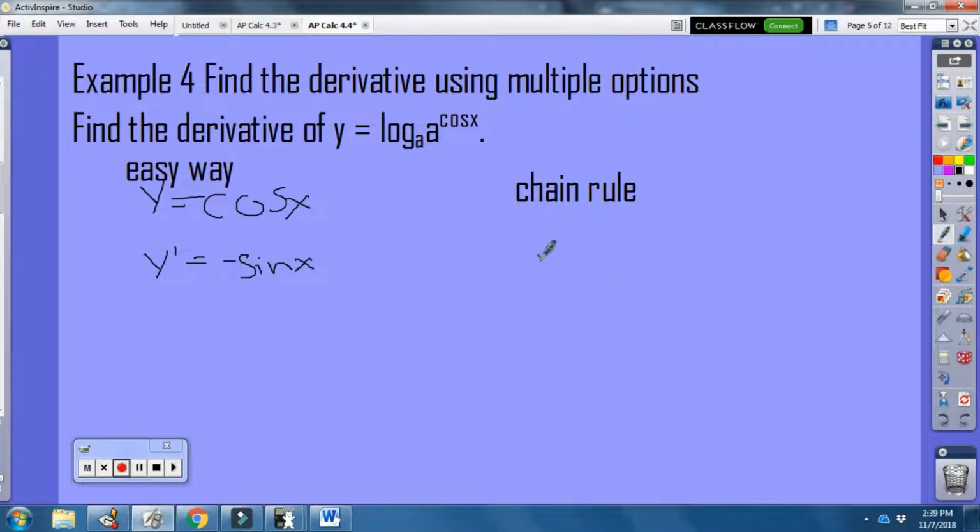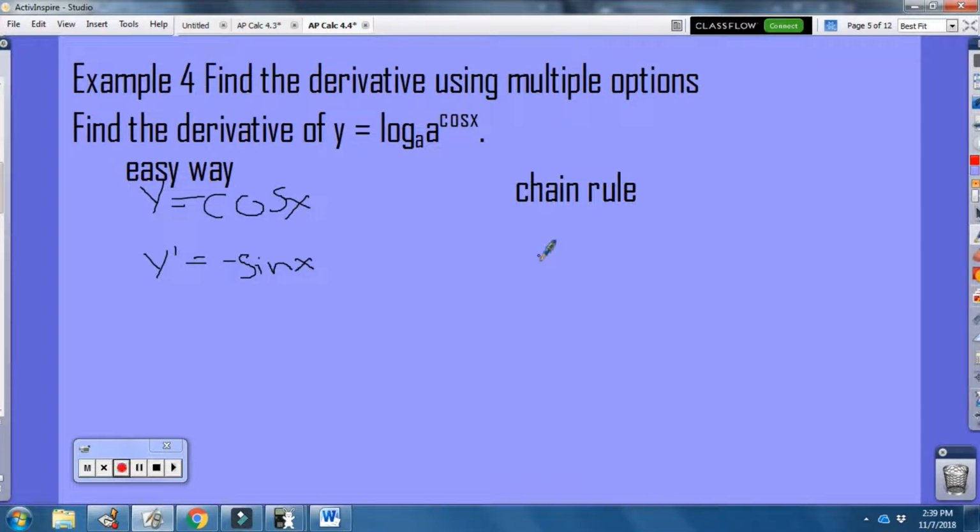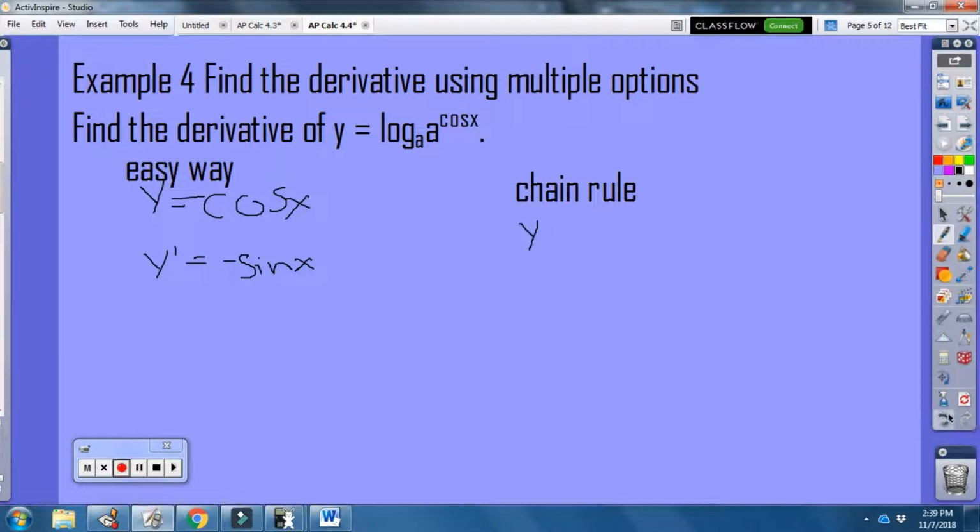So we're going to use the formula, which was the derivative. Let's write it like this.